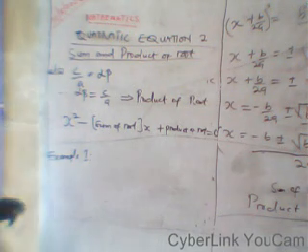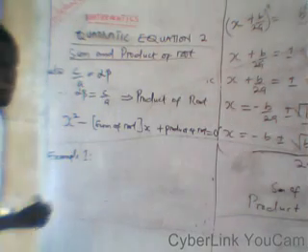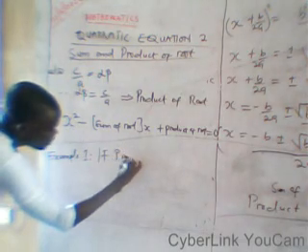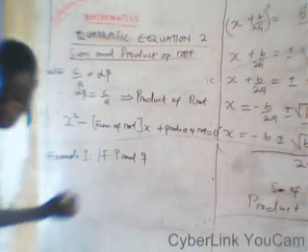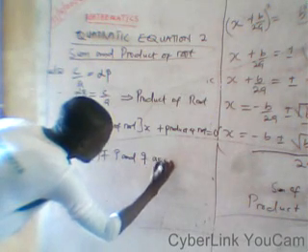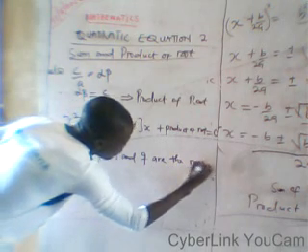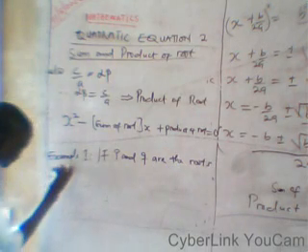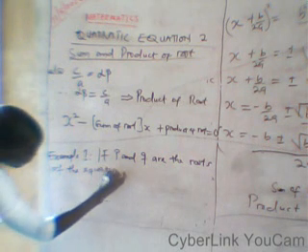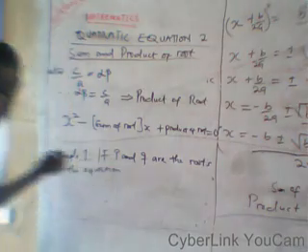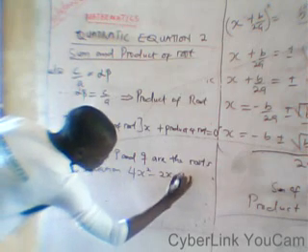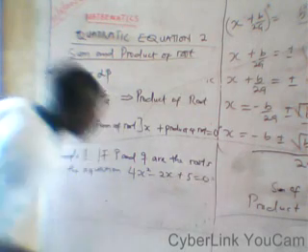So the question is, if P and Q are the roots of the equation 4x squared minus 2x plus 5 equals 0.